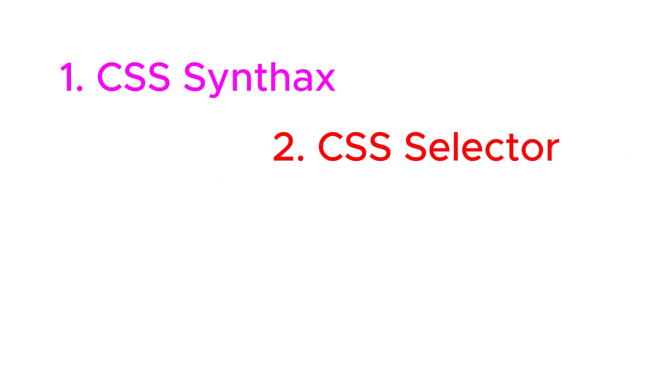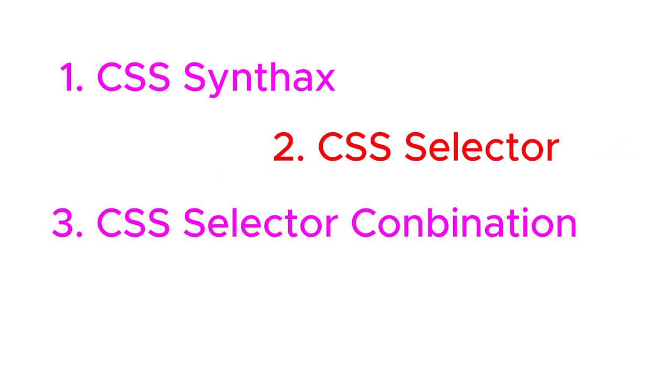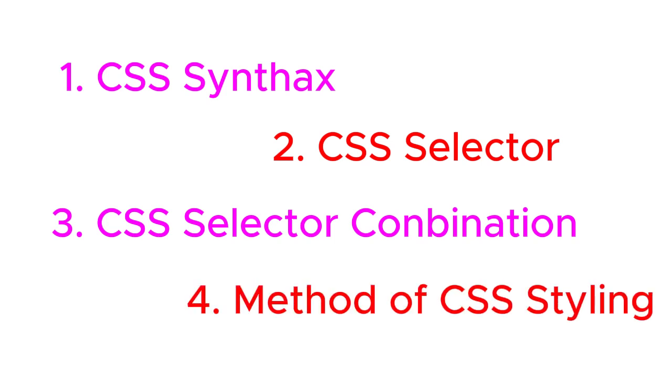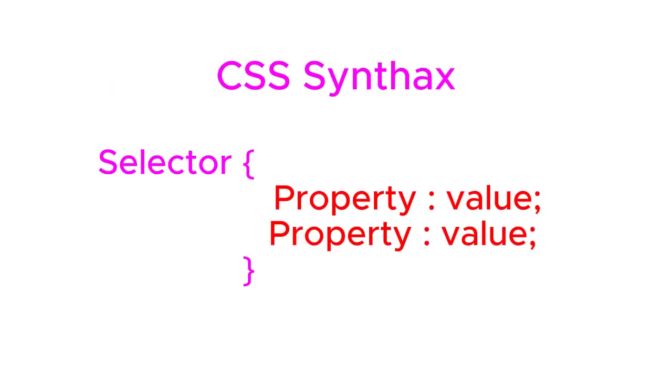Then we have the CSS selector, CSS selector combination, and how to load our CSS, the type or method of how we can use our CSS to style our website content. So these are the four great things that we need to understand for the basic implementation of CSS on our website. Having understood this, we're talking of the CSS syntax.